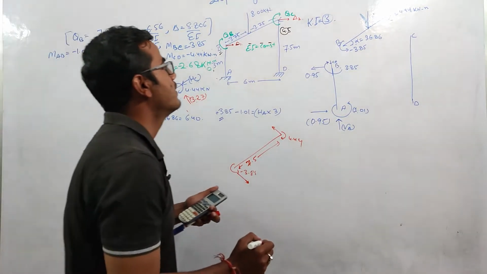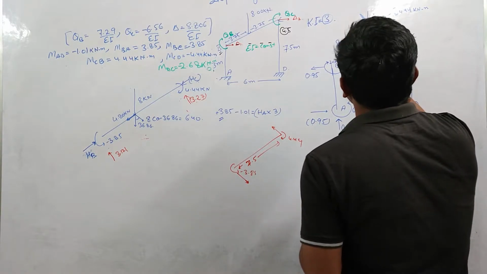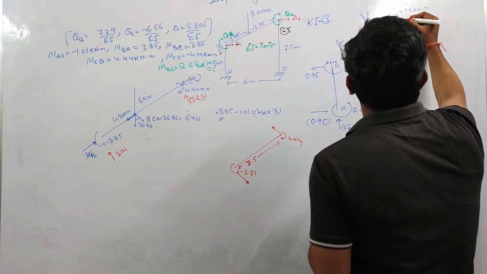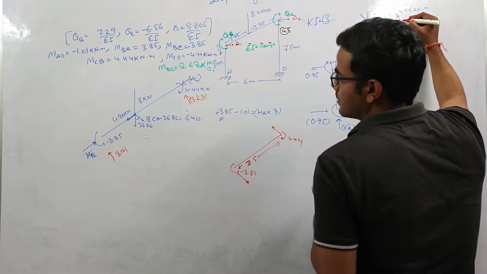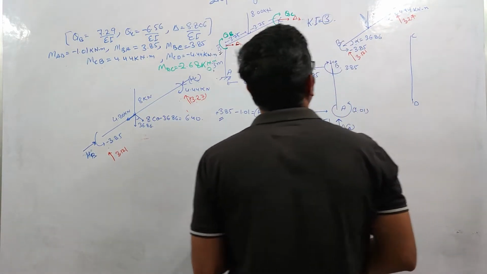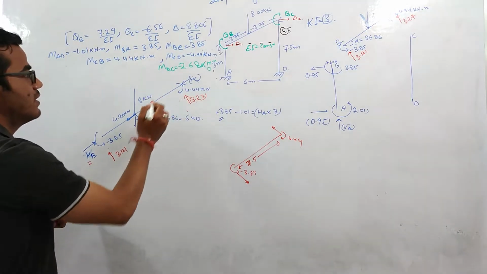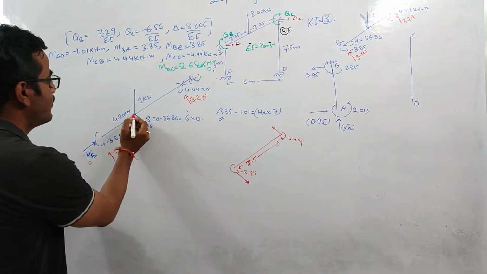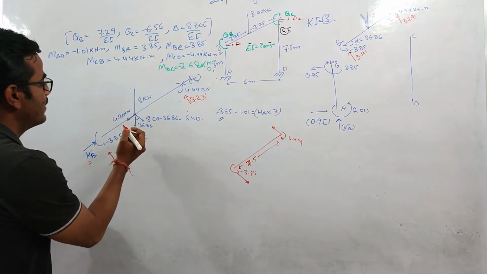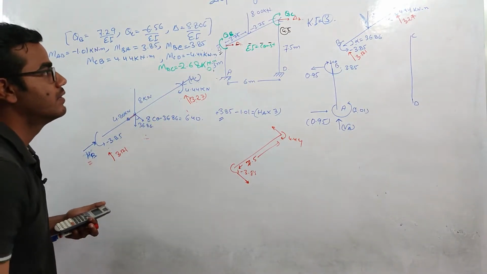So at this point there is a vertical force with the value 3.121, and at this point there is a vertical force with the value 3.27. And there is also axial force, which is HB and HC. Why have we taken different forces? Because there is some horizontal load acting along the beam, so the reactions at this point and this point will be different.